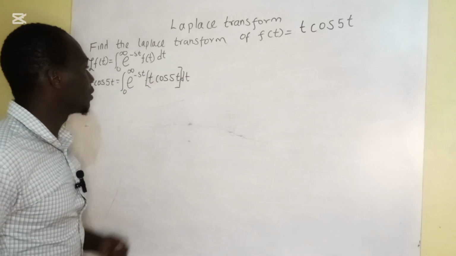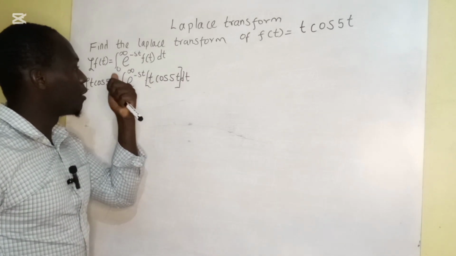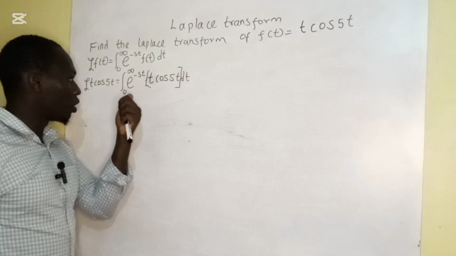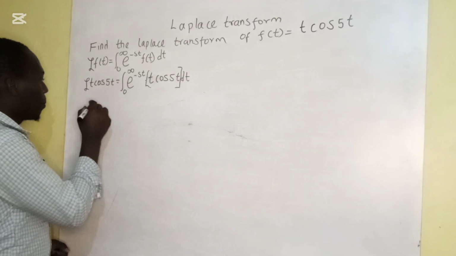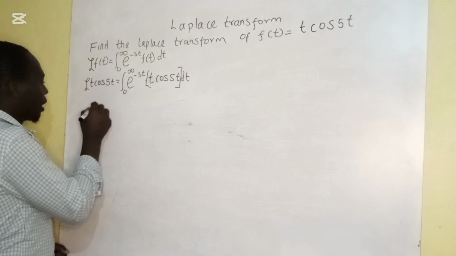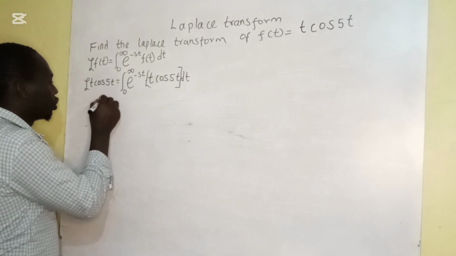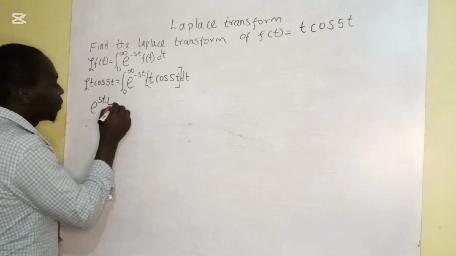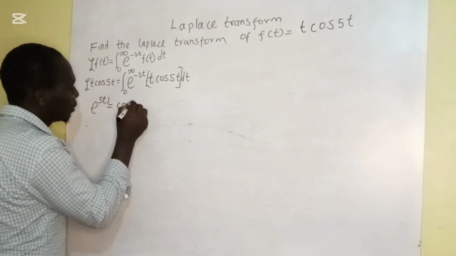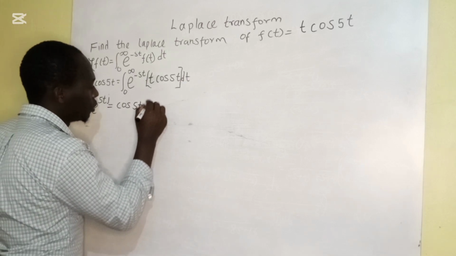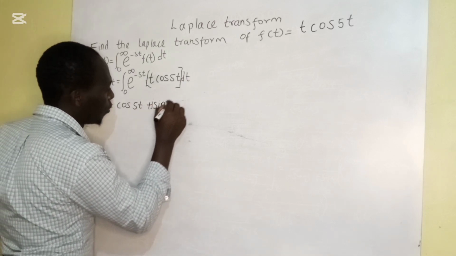Now let us start by changing cos 5t into an exponential, whereby we say that exponential 5tj is equals to cos 5t, we add to j sine 5t.